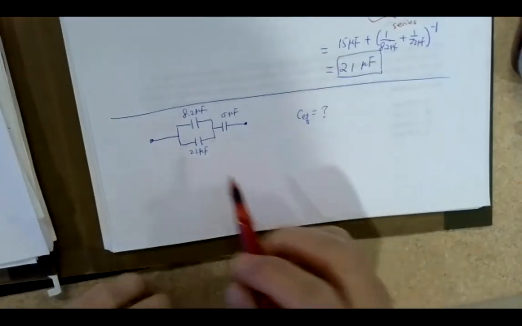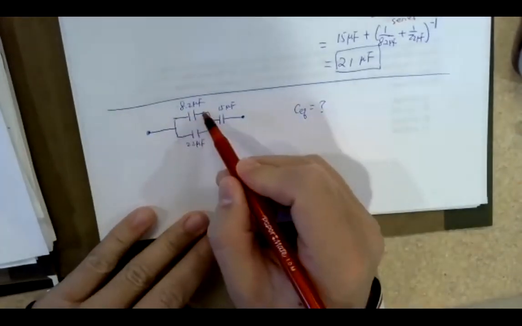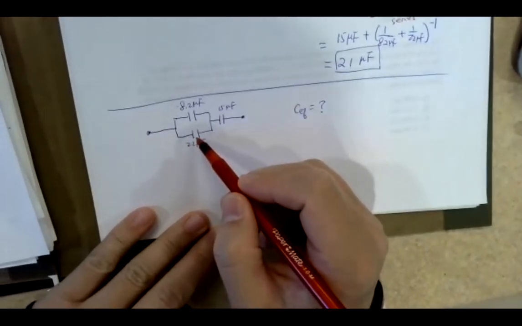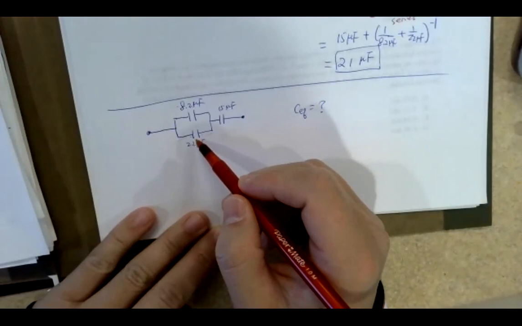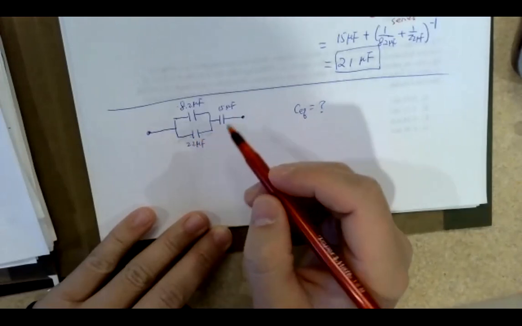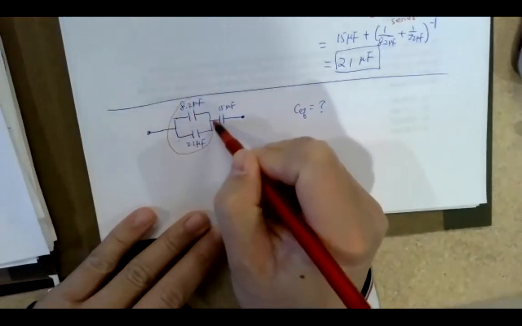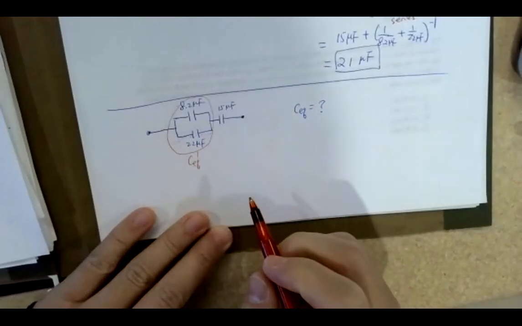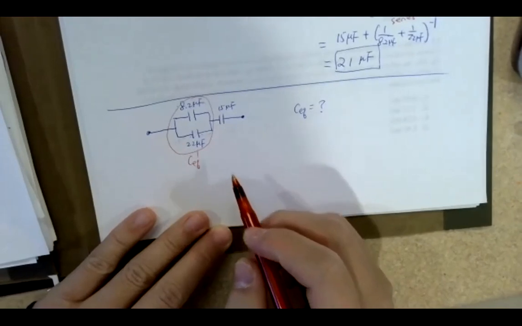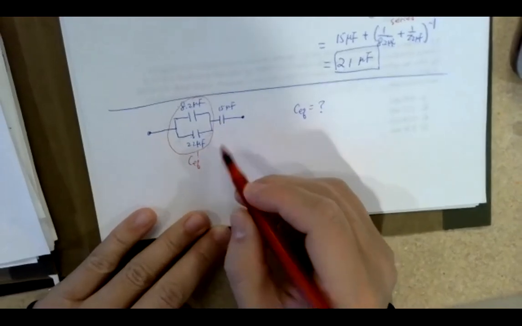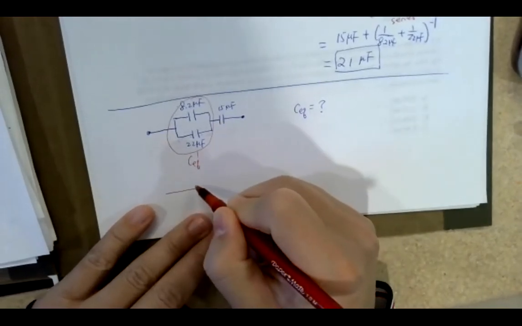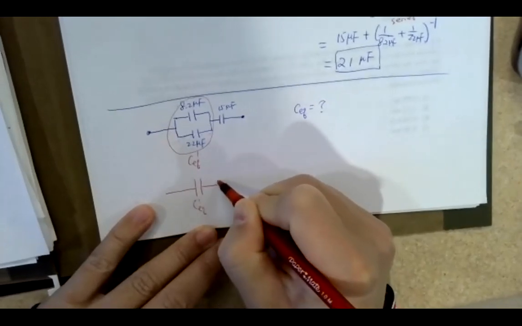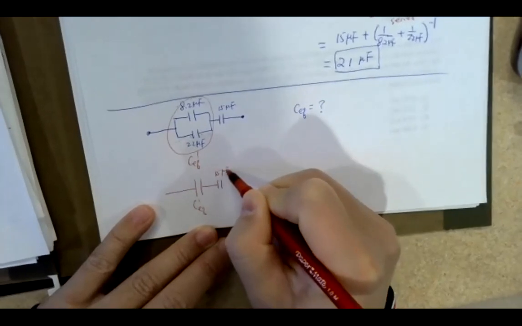Okay, so in this configuration, these two are purely in parallel to each other. So you replace this one with the equivalent CEQ prime first, and then this guy after that. So the circuit becomes a CEQ prime with this 15 microfarad.